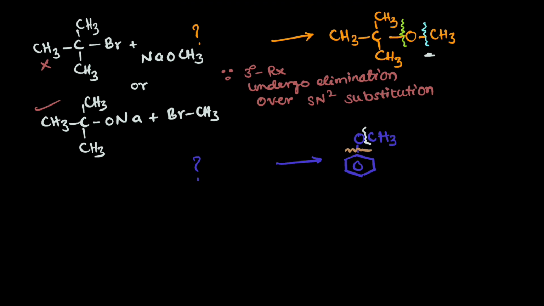For example, if the benzene-oxygen bond breaks, we take bromobenzene and sodium methoxide. Here the reaction does not take place. Reason: aryl bromide or aryl halide has partial double bond character, therefore the reaction does not take place.